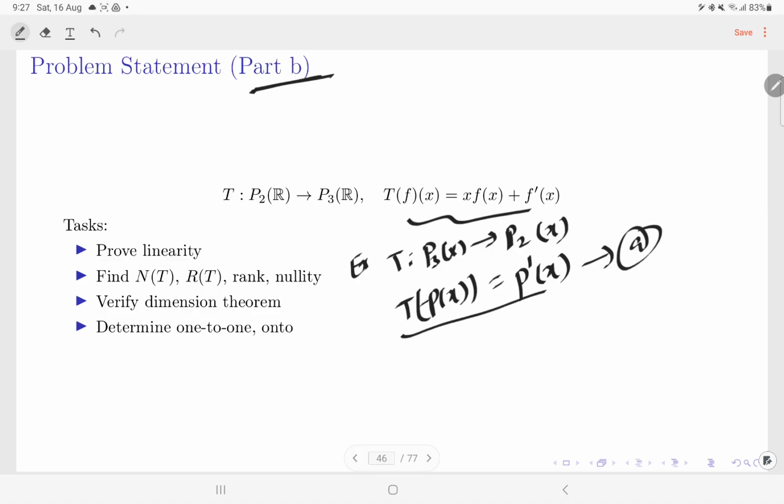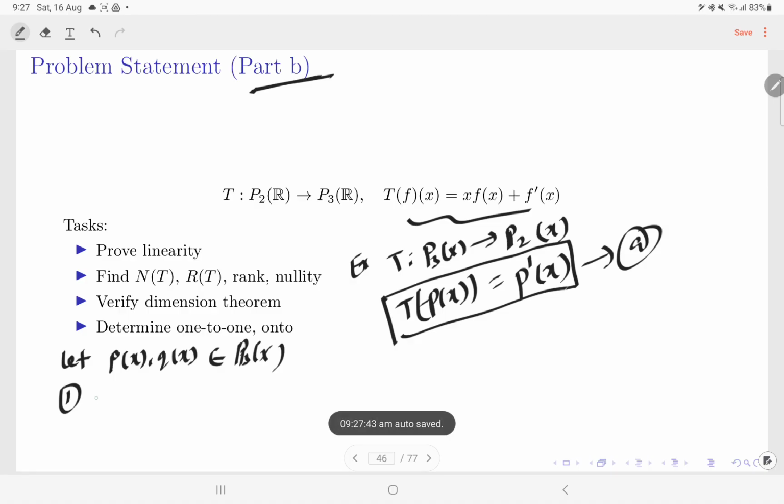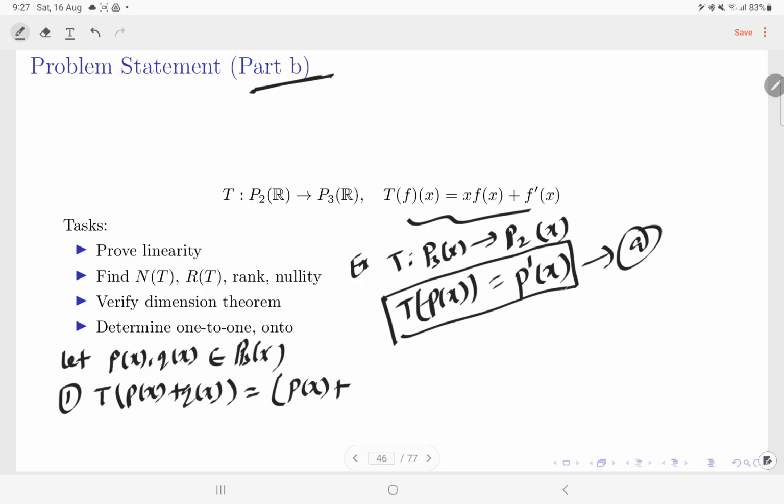How can you show that this is a linear transformation? Again, you have to show the first property. Let p(x) and q(x) belong to your P3 polynomials. So first property: T of p(x) + q(x) equals the derivative, so this means the whole derivative of p(x) + q(x).